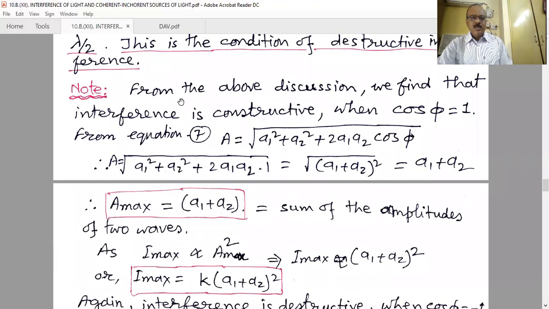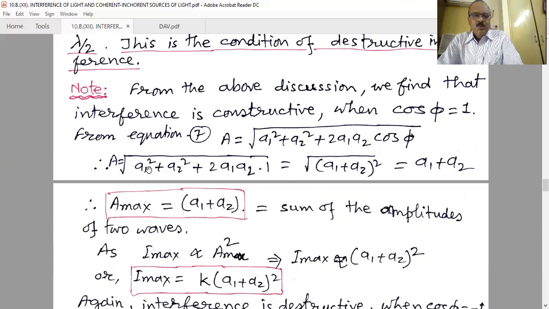Now it is to be noted, from the above discussion, we find that interference is constructive when cos φ is 1. Then what will be the resultant amplitude at the constructive interference point? That will be √(a1² + a2² + 2a1a2 cos φ). Now the condition for constructive is cos φ = 1.